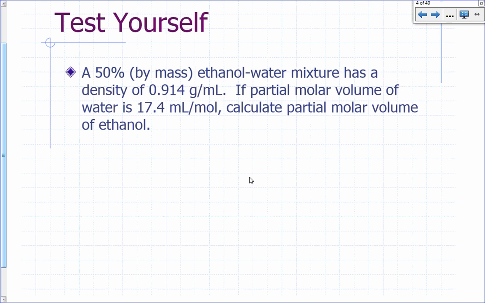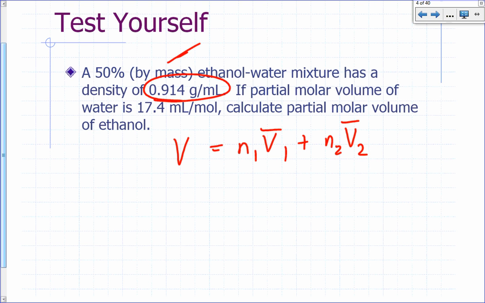What's the equation we need to use here? We say that V equals N1 V1 bar plus N2 V2 bar. Do we know our volume? We know our density, and then we're just given the percentage of the water and ethanol by mass.